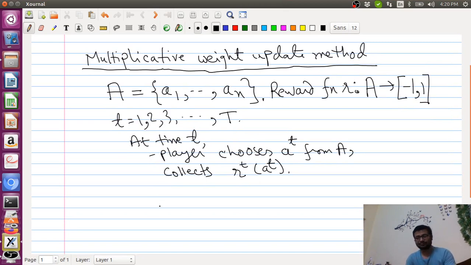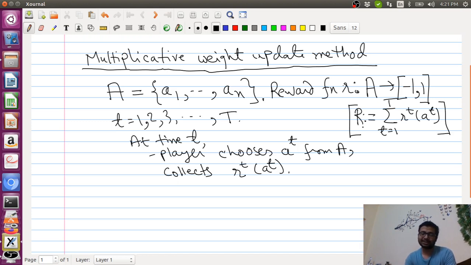Now, the player, while making this decision, does not know what R^t is. The objective of the player is to maximize its total reward. Let me denote the total reward by capital R. So the definition of capital R is the sum, as small t goes from 1 to capital T, of R^t(A^t), which is the total reward that it collects.